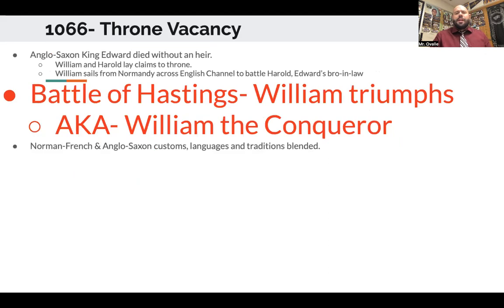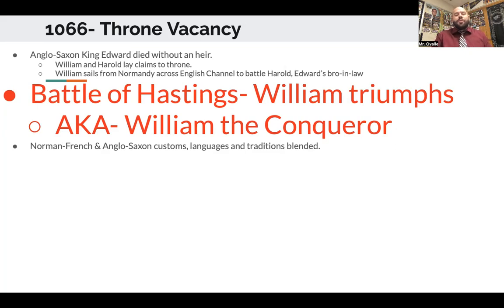All right. So around 1066, there is a throne vacancy. Anglo-Saxon King Edward died without an heir. And as we know in monarchy, it's passed down hereditarily through sons and or daughters. William and Harold lay claims to the throne.